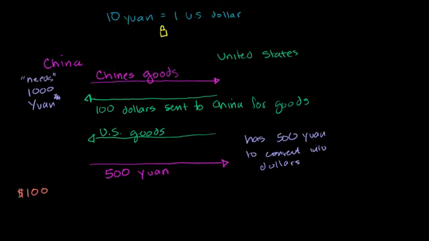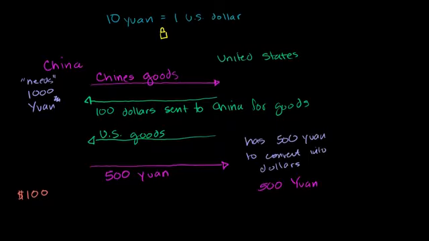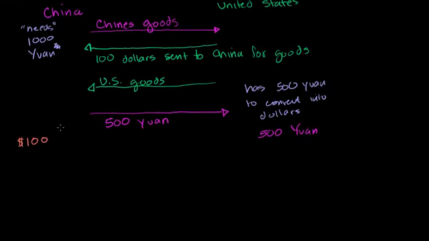We have 500 yuan over here that needs to be converted into dollars. Now, the Chinese government wants this $100 to be converted into 1,000 yuan. So what they do is they say, okay, $50 of this $100 can be essentially traded for these 500 yuan.